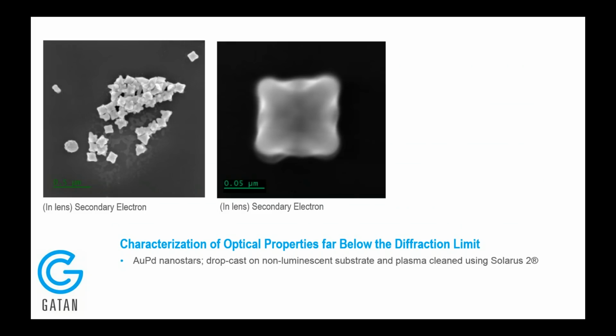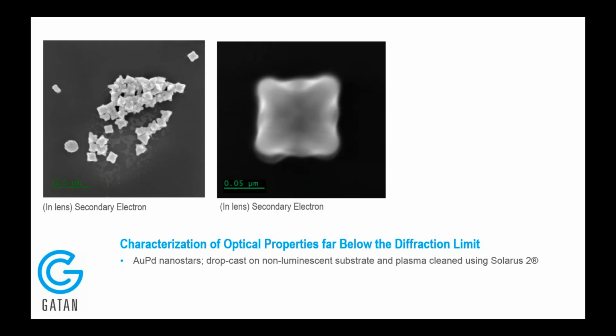So if you were concentrating at the start of the presentation, you should recognize this image on the left-hand side. This is my image that I used to demonstrate spatial resolution of various different luminescence techniques at the start of the webinar. In the center, these are gold palladium nanostars, and they've just been drop cast from some solution onto a non-luminescent substrate and then plasma cleaned to remove any organic residue.